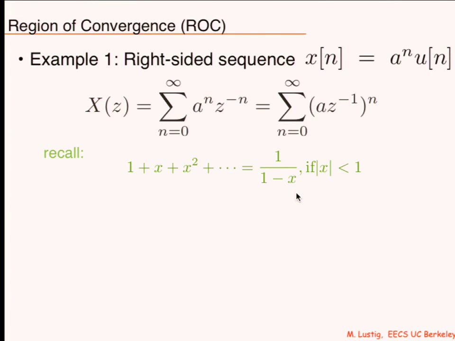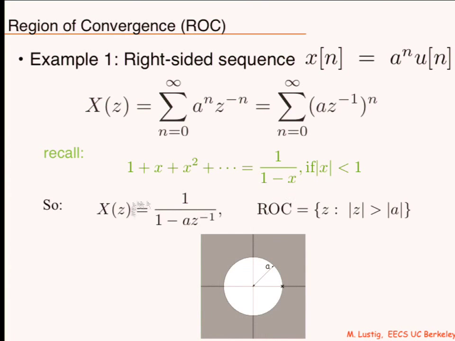So, hence, the region of convergence is only when this is true, which is if the magnitude of z is greater than the magnitude of a. For any other value inside that circle, the series will not converge.